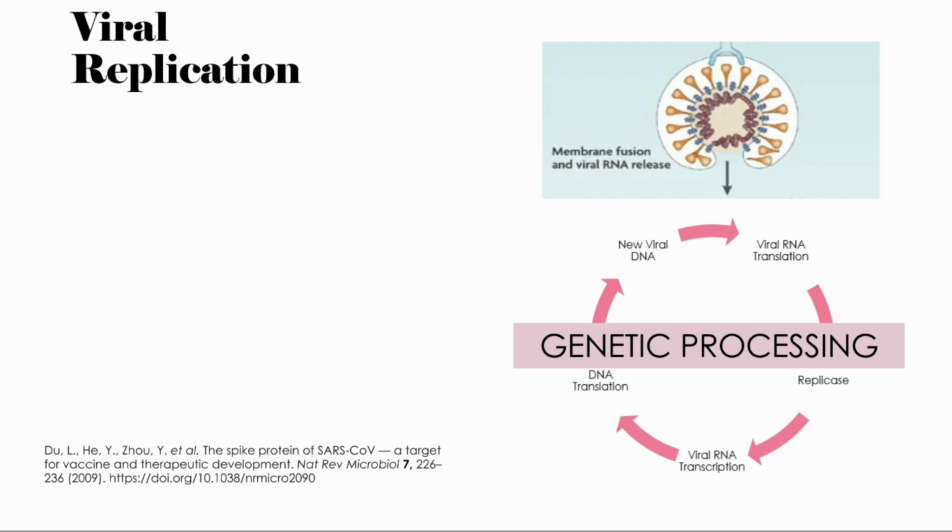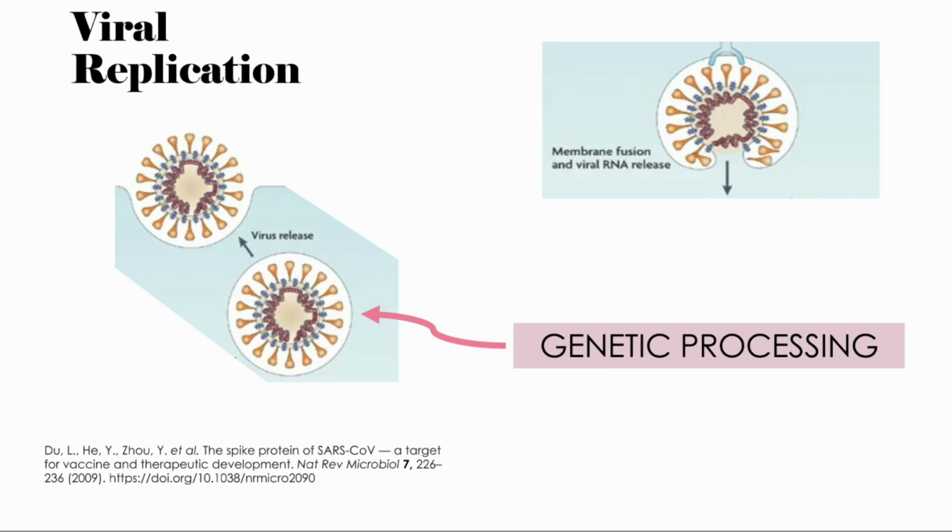That process of replication involves a number of thresholds. And the take-home here is that there's a genetic processing that takes place so that the virus can replicate, take over cell machinery, and in this case, increase its numbers exponentially to infect other cells in the body.